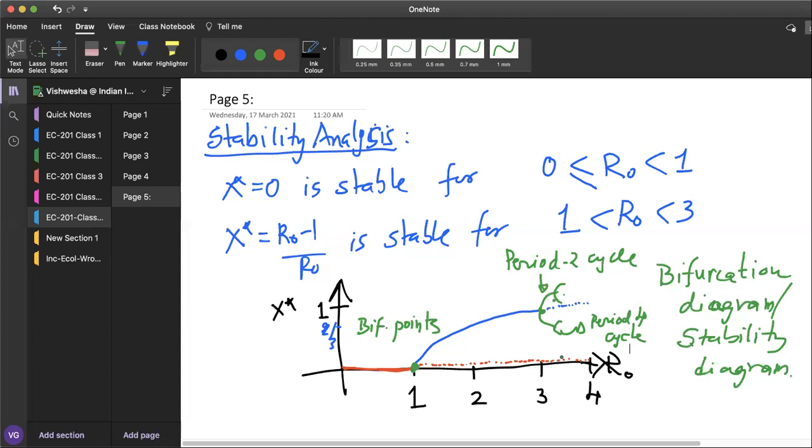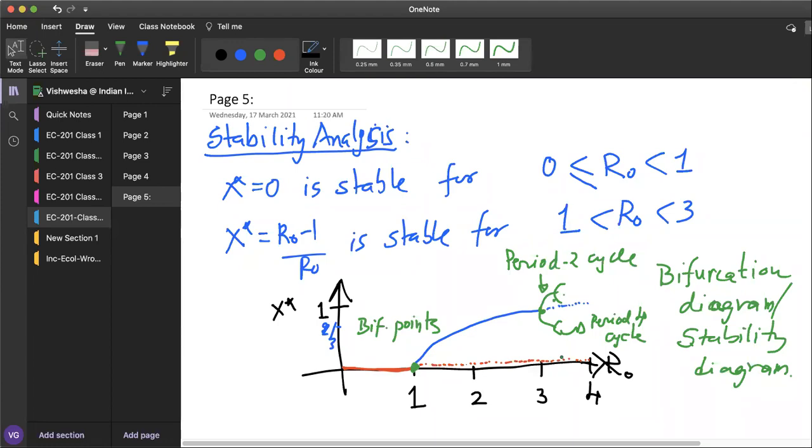Okay, yeah, that's a very interesting statement. Where do you think it loses? Do you think the period 2 cycle has biological significance? No, but the population size does, right? N_t by K, that ratio does. What do you mean? The ratio N_t by K is basically X, yes. So that's the population density.